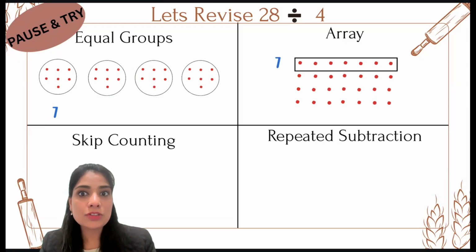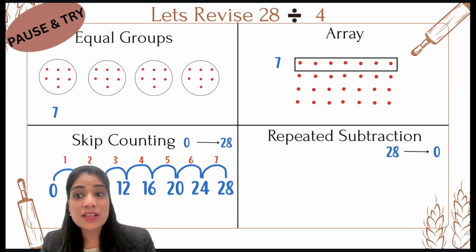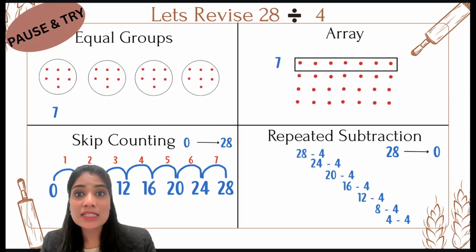How about skip counting? We'll always go from 0 to 28. So, how many hops? 7 hops. Repeated subtractions will go from 28 to 0 and continuously subtract 4 until we get 0. How many subtractions? 7. So 28 divided by 4 is 7.